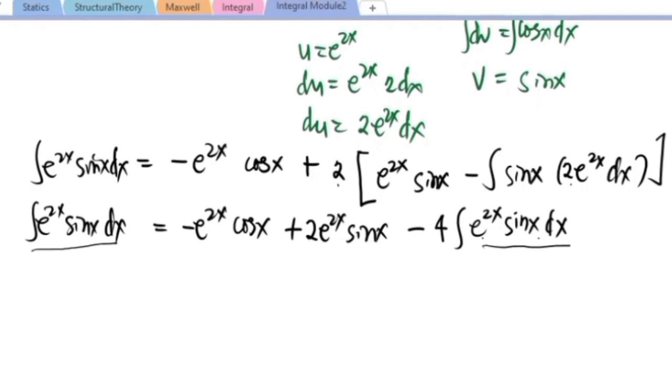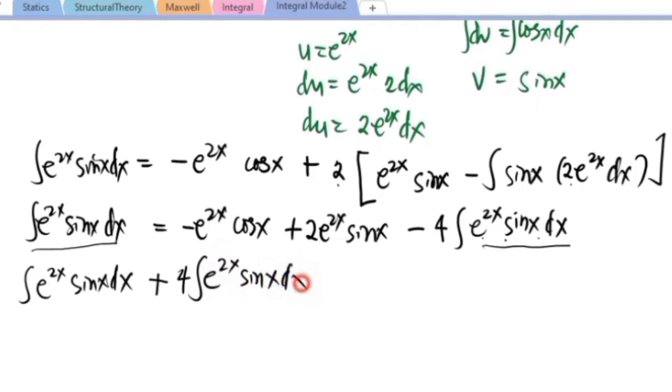So, we have here the integral of e to the 2x sine x dx. Siya ililipat natin sa left side. So, that will be plus 4 integral of e to the 2x sine x dx. This is equal to e raised to 2x cosine x plus 2 e to the 2x sine x.